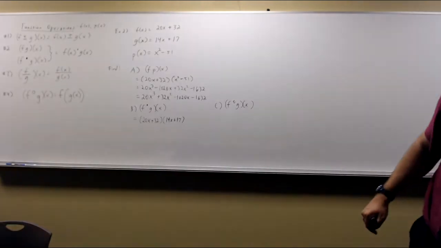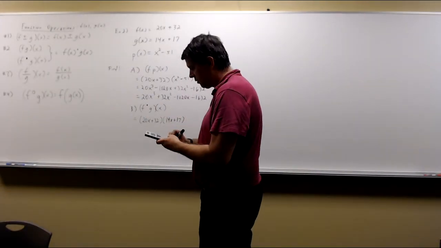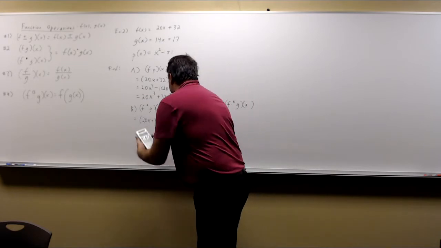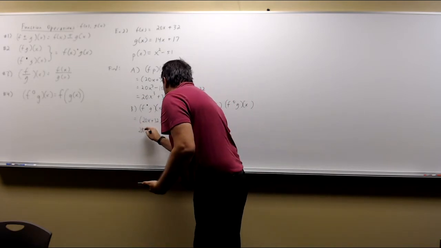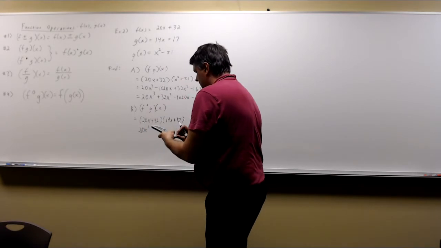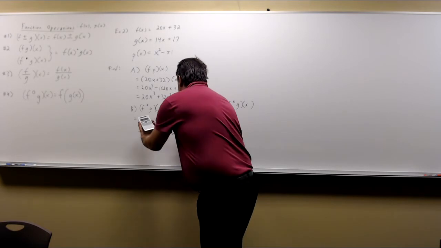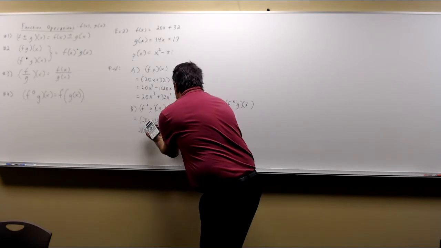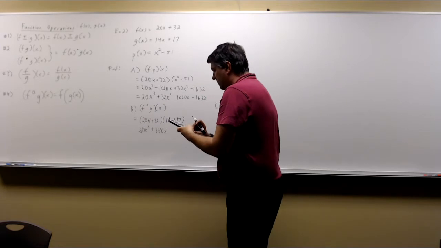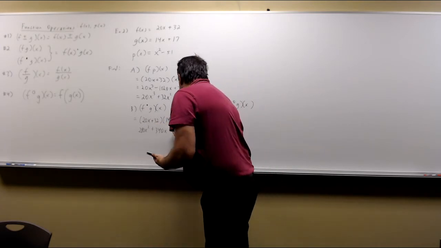So multiplying the first terms, 20x times 14x, so 20 times 14 is going to be 280x squared. 17 times 20 is 340x for the outer terms. The inner terms, 32 times 14, are going to give me 448x.